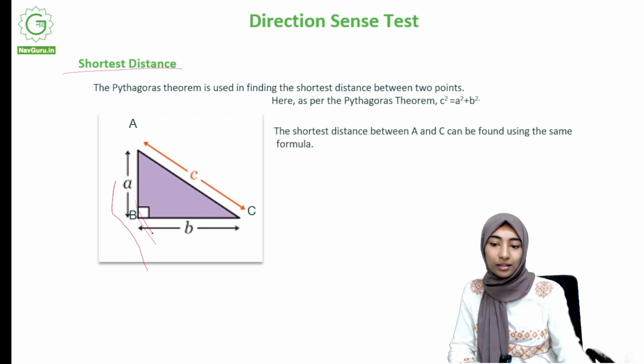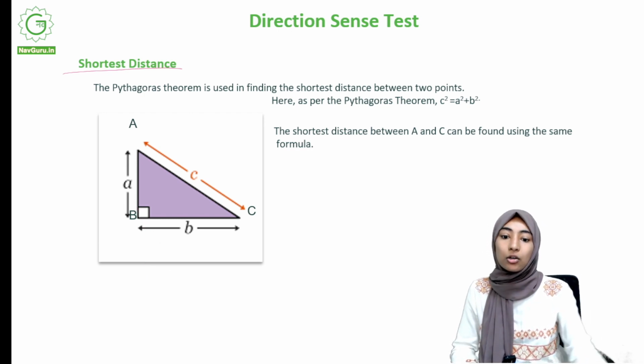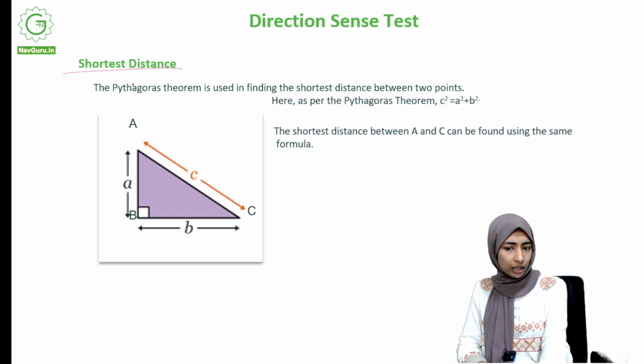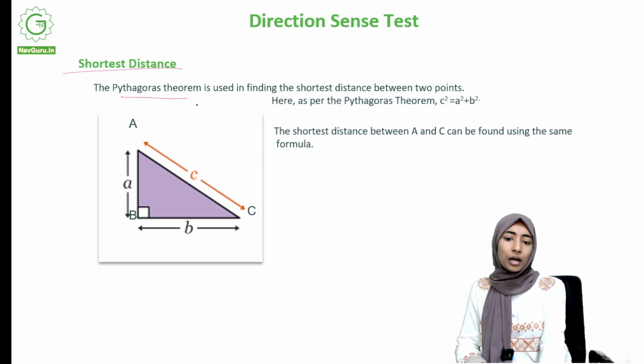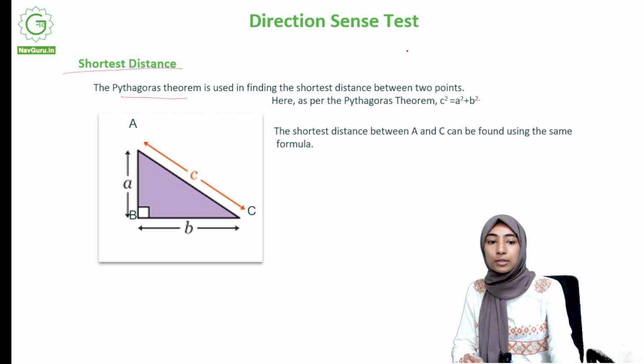So basically, how do you find the shortest distance? What is the formula for it? It's basically something called the Pythagoras theorem. I think you guys would have already studied the Pythagoras theorem, so I'll just take you through a recap of the same. Why do you use the Pythagoras theorem? To find the shortest distance between 2 points.